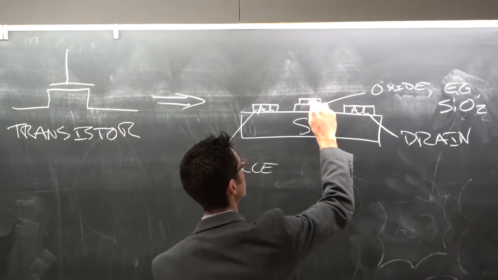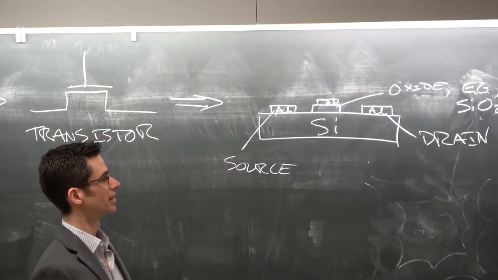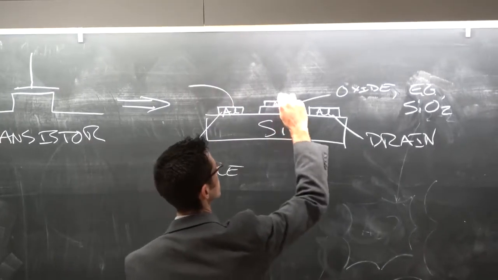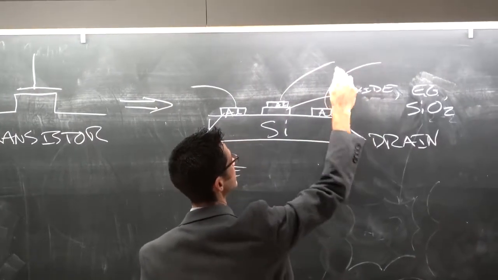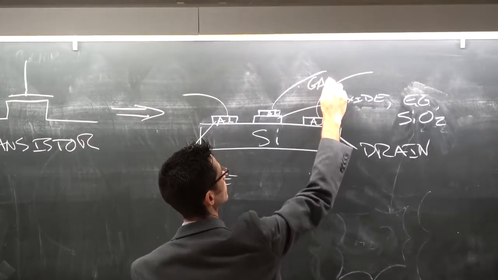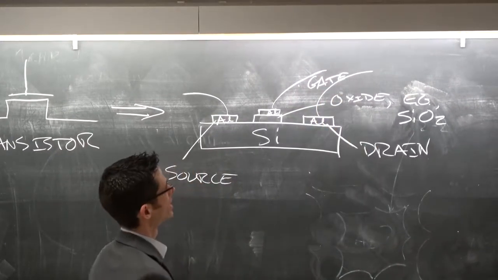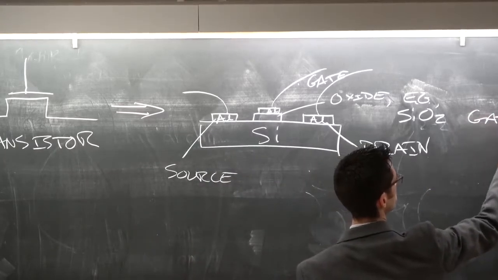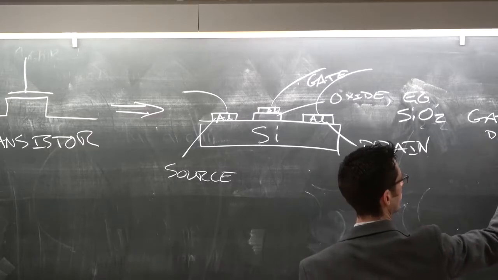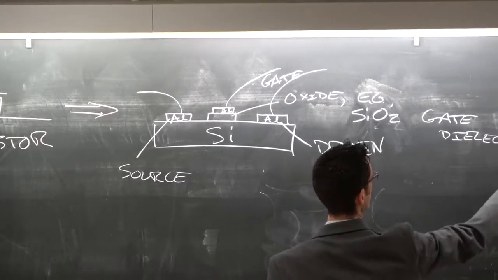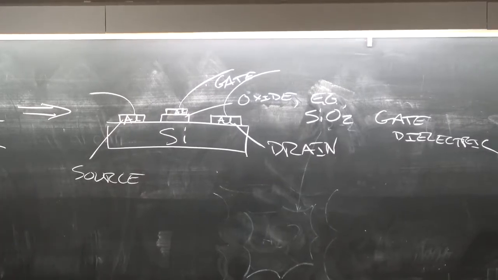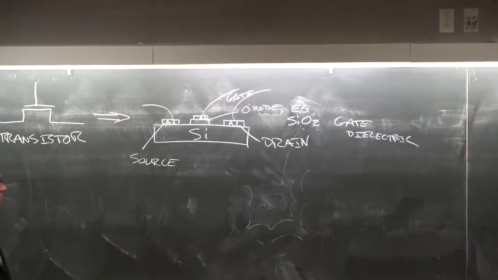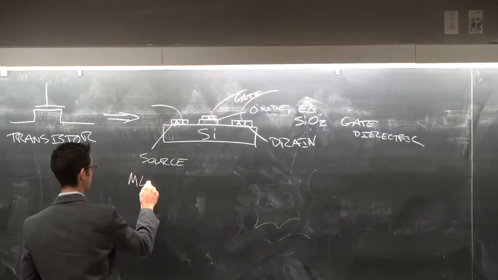And then we have another electrode on top, which we call the gate. So the oxide is the gate dielectric. And together, this thing is called a metal oxide semiconductor field effect transistor, or MOSFET.